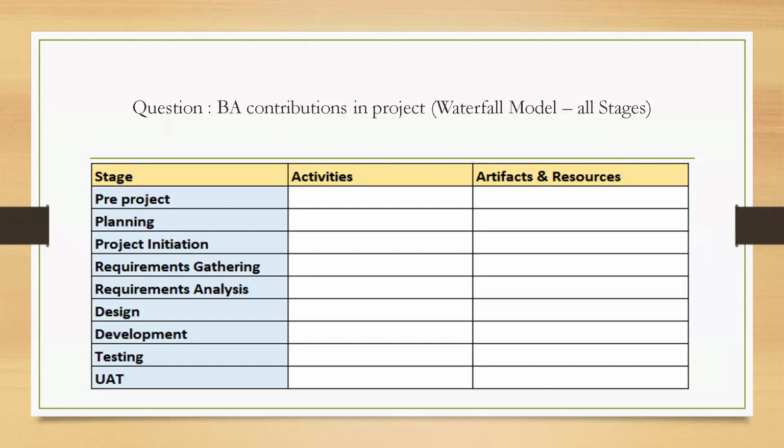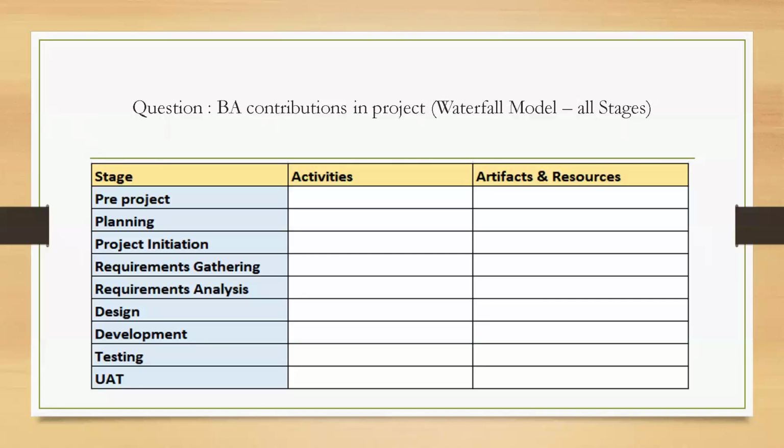Before the project is initiated or started, the BA and project manager together conduct the enterprise analysis to understand the business needs and standards, and also conduct the feasibility study on whether we can implement and deliver it within the time or not, and also conduct the SWOT analysis, right? Each and everything will be done before the project initiation only. And in the planning, what are the activities that will be there?